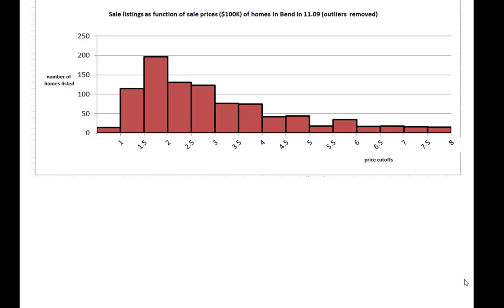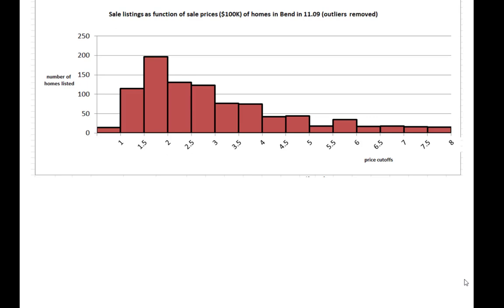So for example, the highest bar here, which we call the mode, there are about 200 houses in my sample that had sale prices between $150,000 and $200,000. Looking at the far right bar, there were maybe 15 houses that were between $750,000 and $800,000.